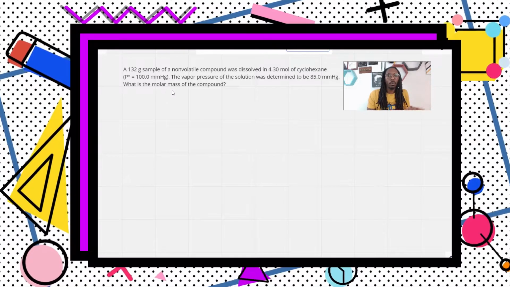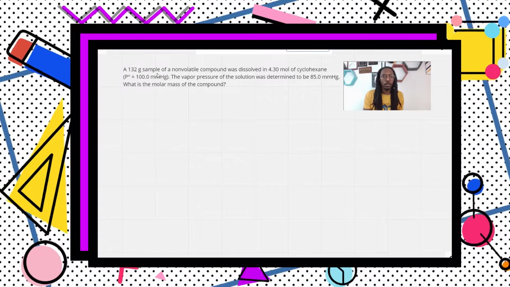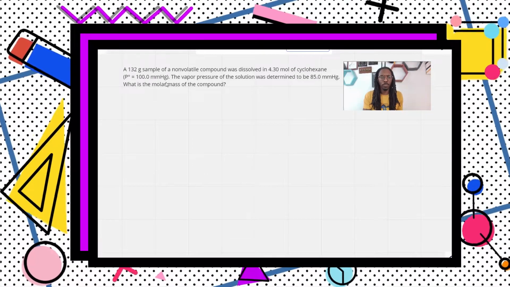What's the molar mass of the compound? So we're trying to find the molar mass of the compound, and notice we're given a couple different things here. We're given a mass of a sample, and then it also tells us how many moles of our solvent we have with the pressure.